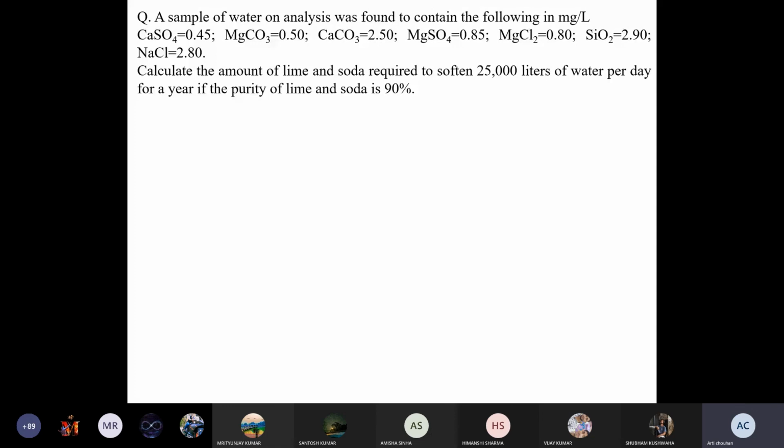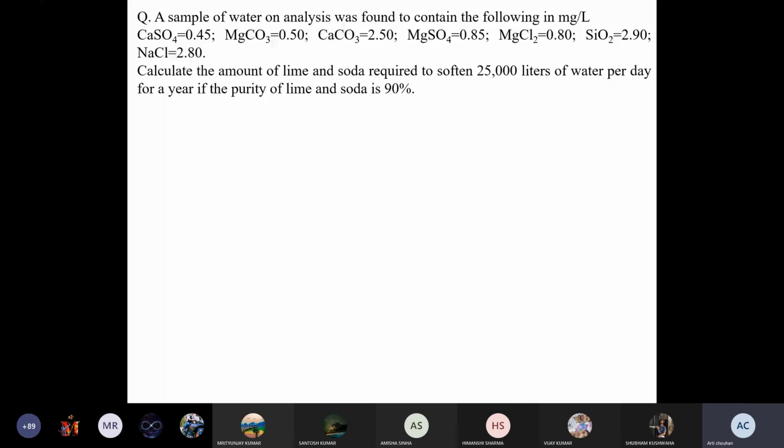NaCl again does not cause any hardness or react with the lime and soda. So calculate the amount of lime and soda required to soften 25,000 liters of water per day for a year. So in addition, you have to calculate for a year.